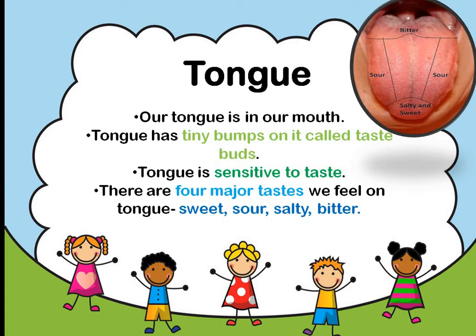Now let's do our sensory organ number 4, that is the tongue. Our tongue is in our mouth, you know that, and the tongue has tiny bumps on it called taste buds. The tongue is sensitive to taste, and we feel four major tastes on our tongue: sweet, sour, salty and bitter.